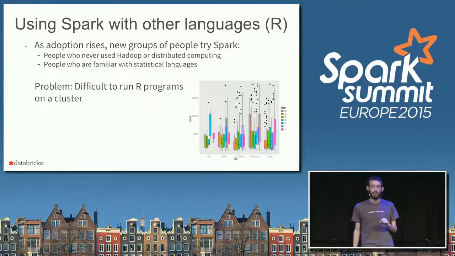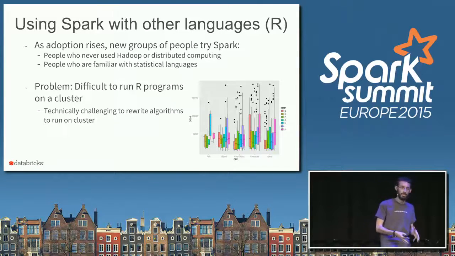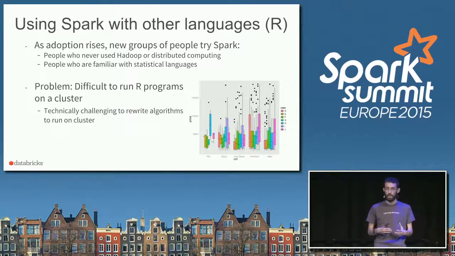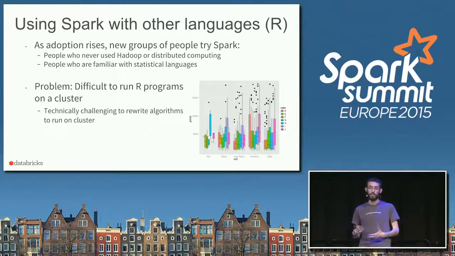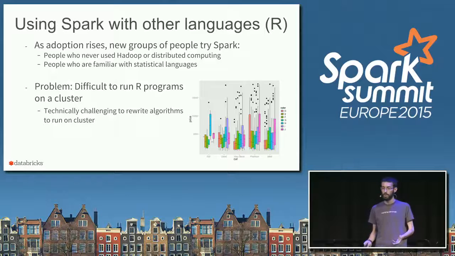The problem is it's difficult to run an R program on a cluster. It's just technically challenging to rewrite these algorithms. There are some very advanced algorithms in R, and to rewrite them is very hard because they make assumptions about shared memory and things like this. There was actually a project at UC Berkeley to do just this. But it turns out it's very complicated and hard to generalize.